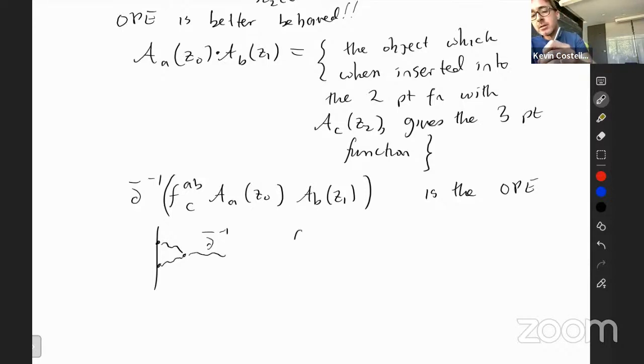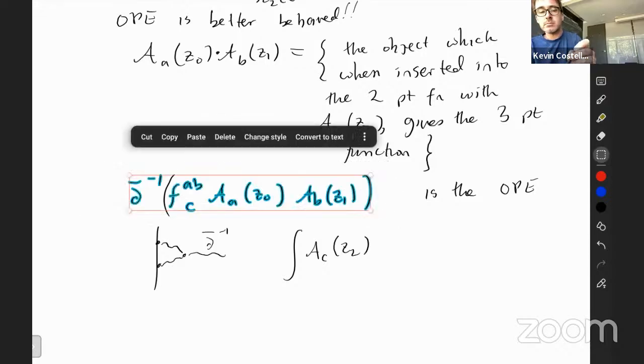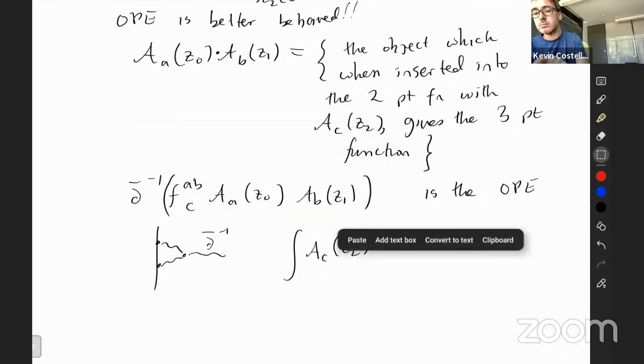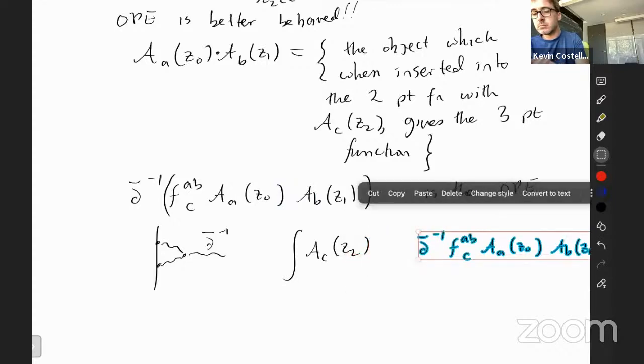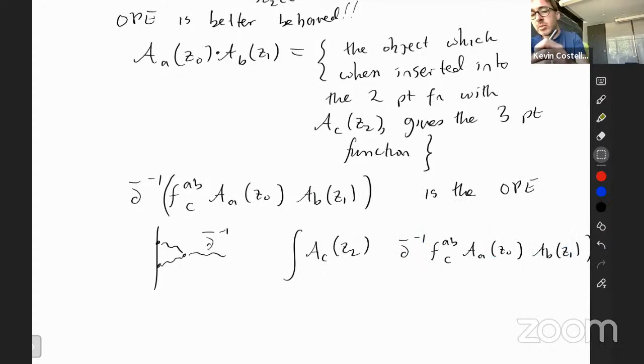If I insert C2 times d bar of that, well, clearly the d bars cancel. And this is the 3-point function.